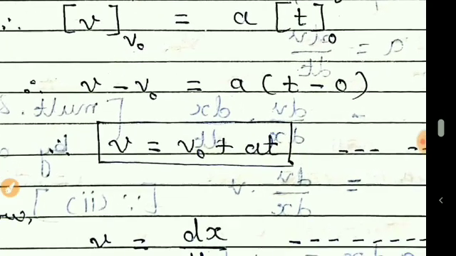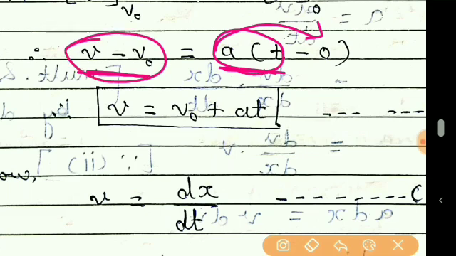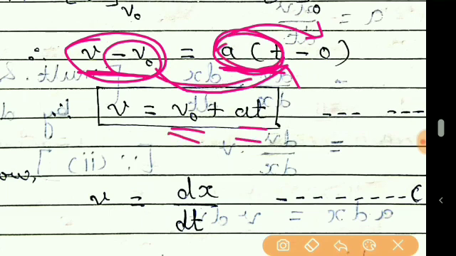Now next is quite simple. What is here? V minus v naught, and here it is only a into t, because a into 0 will be 0 only, so a into t, and here it is v minus v naught. Bringing this v naught on the right hand side, minus v naught will become plus v naught, and at is as it is.